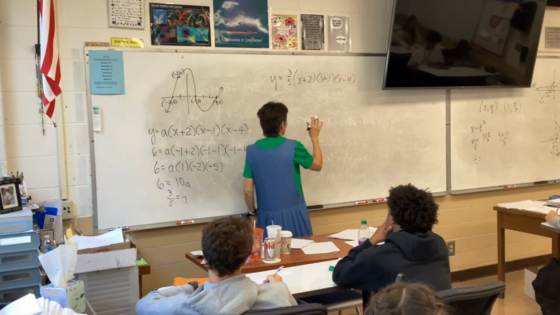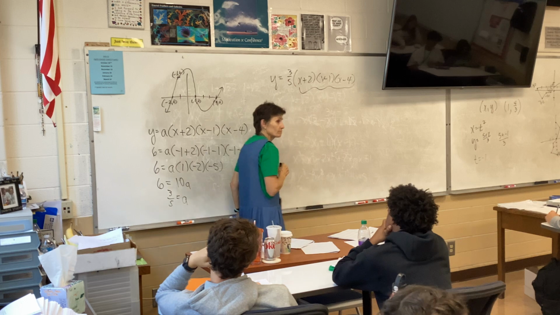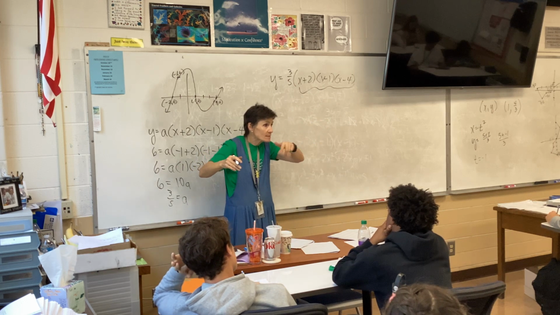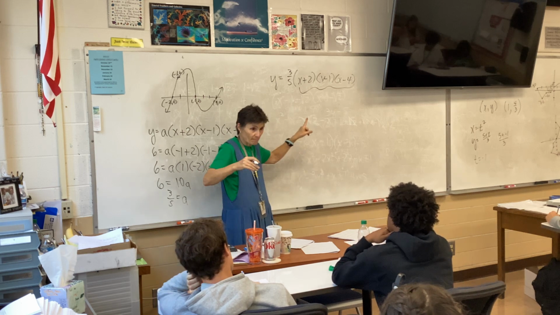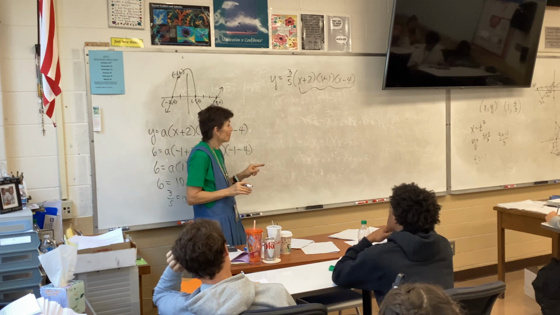If you had to multiply it out, you would do all this FOILing, right? And then take each one times 3/5. Yes, it'll say multiply out or not multiply out.